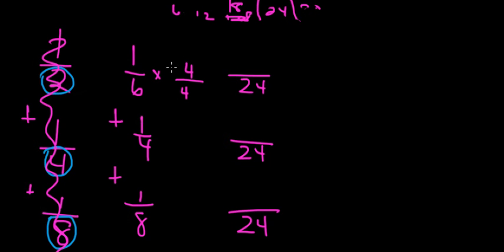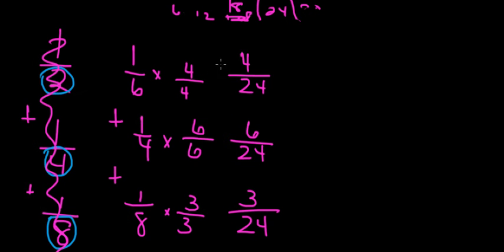So we multiply the top also, and we get 4 over 24. And for this one down here, Glenn, what would this next one be? I put a 6 above it, and 6 over 24. And then Peter, what's going to go down here? Times 3. And then 1 times 3 gives me 3.